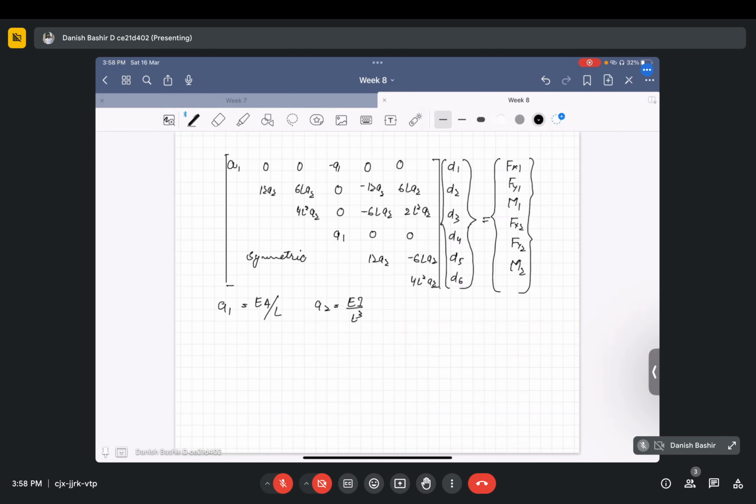Collectively, we can write this matrix as k, this matrix as d, and this matrix as RL. You remember these notations. Let me write LL for local systems only: KL DL is equal to RL, because these are in local systems where the plane member is not inclined, because it can be inclined like a truss member.